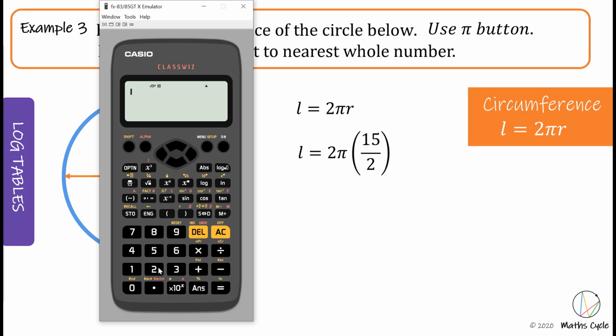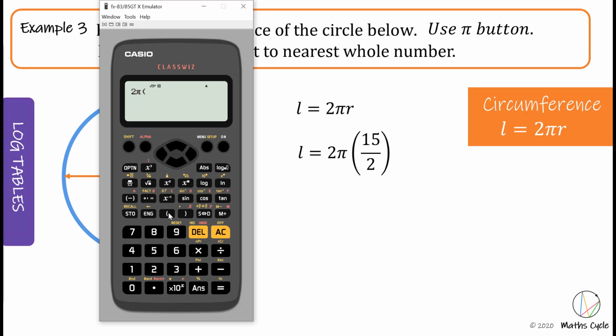So this time I will have 2, and I need to use my pi button now. So that means shift, and this button down here in the middle at the bottom brings up my pi, and then I have to multiply that by 15/2, or 7.5.